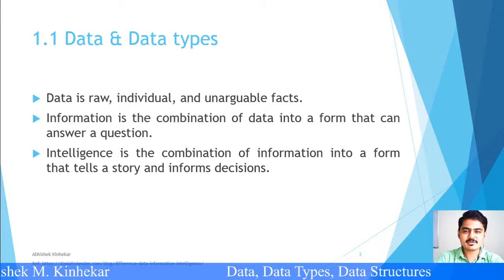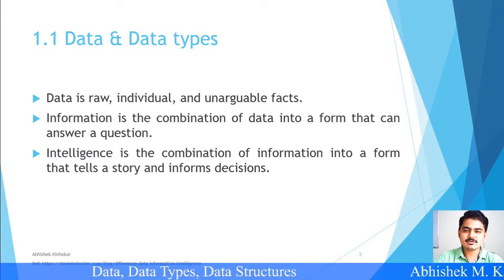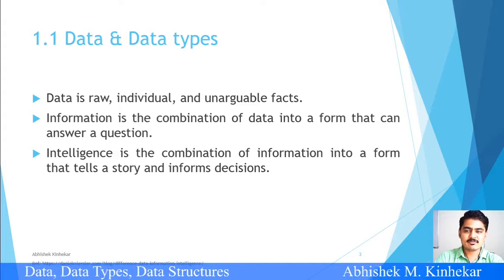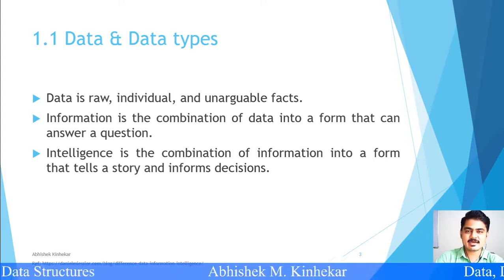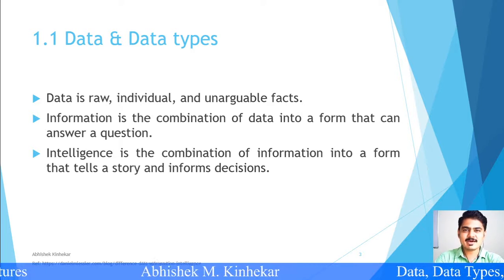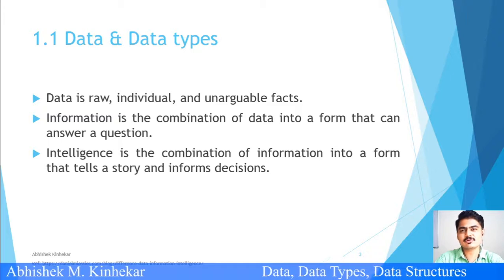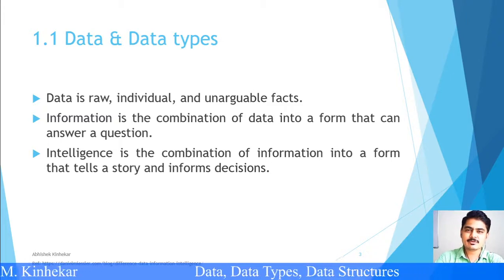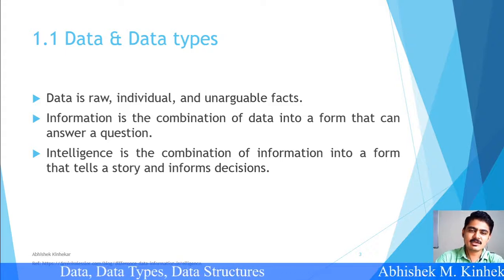What is the information? The average marks of all students for the unit number 4 examination. And from what did I deduce this information? From the complete data, that is the Excel sheet of marks which contains the marks of all the students for all the examinations. So this is how data is processed to information and then to intelligence.